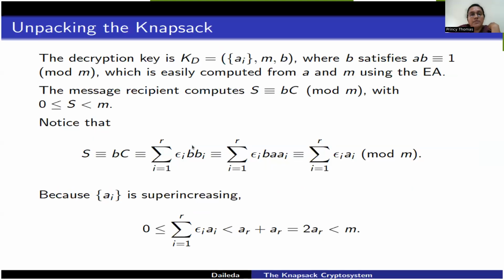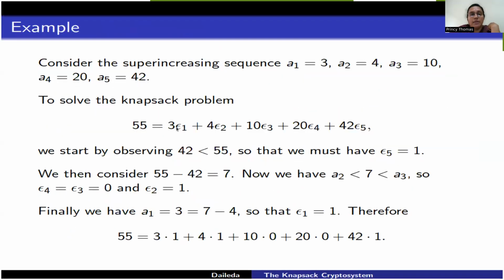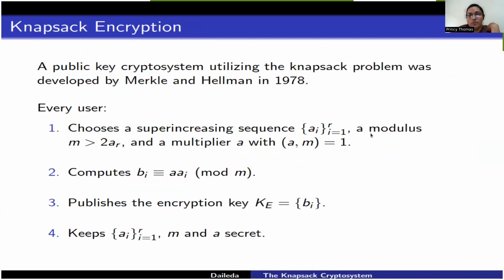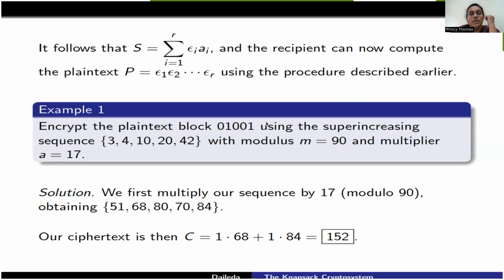The modulus M is given as 90 and a is given as 17. The sequence is not directly used. It is multiplied by 17 and taken modulo 90.